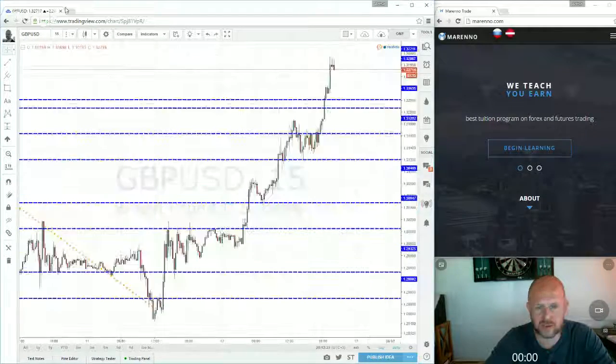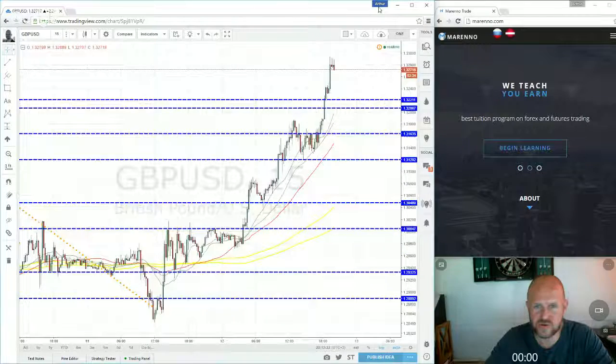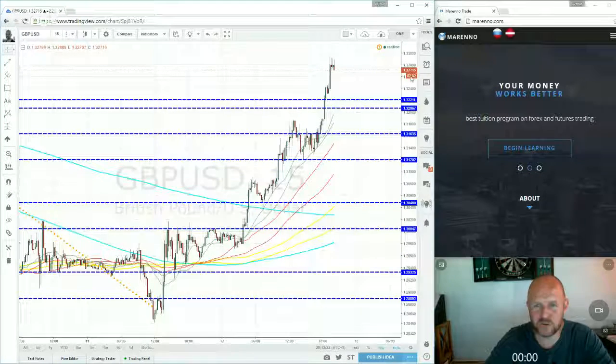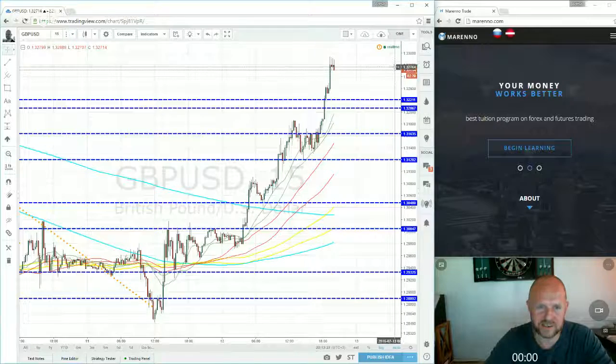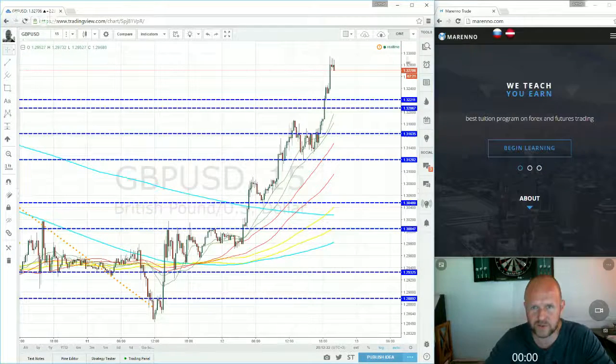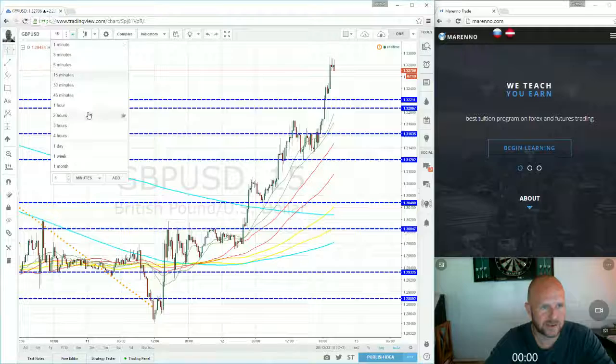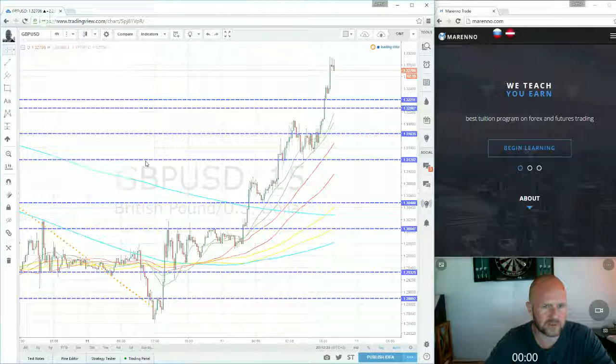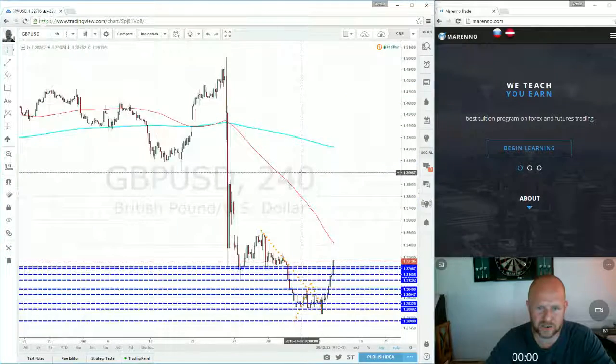Pound dollar. The pound did move up actually, and it has broken all the records for today. So what is actually happening here? Well, I still want to sell it. We can switch to 4 hours to have a better picture.